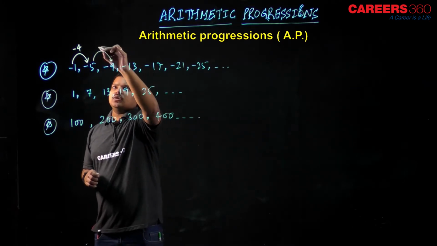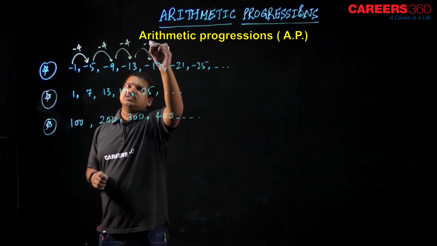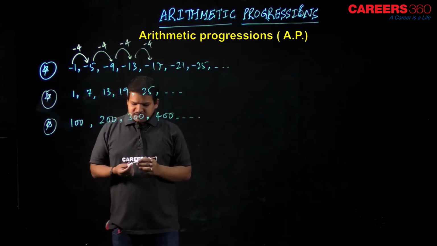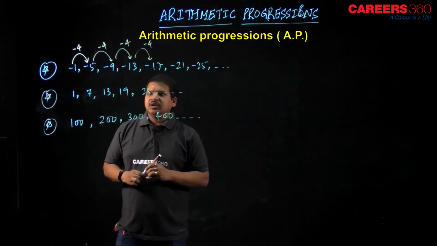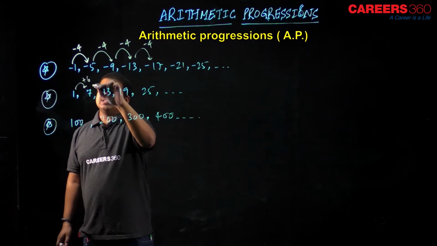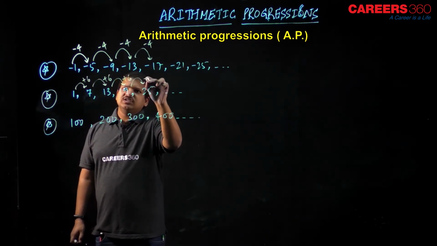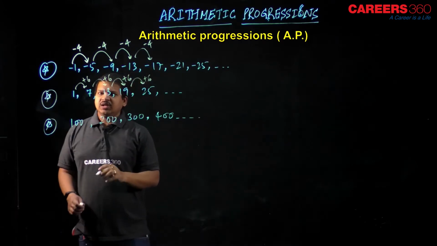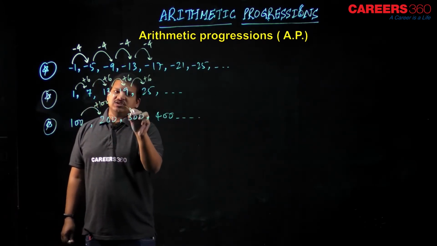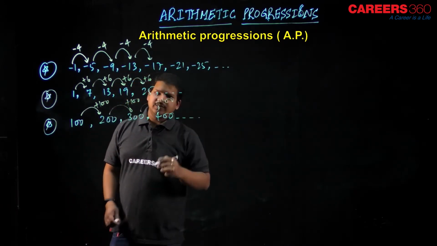Similarly over here also -4 and then this -4 and then this -4 and so on. Similarly if I talk about the next, this is +6, this is also +6, this is also +6 and this is also +6, right? Now what about here? This is +100, this is also +100, this is also +100.